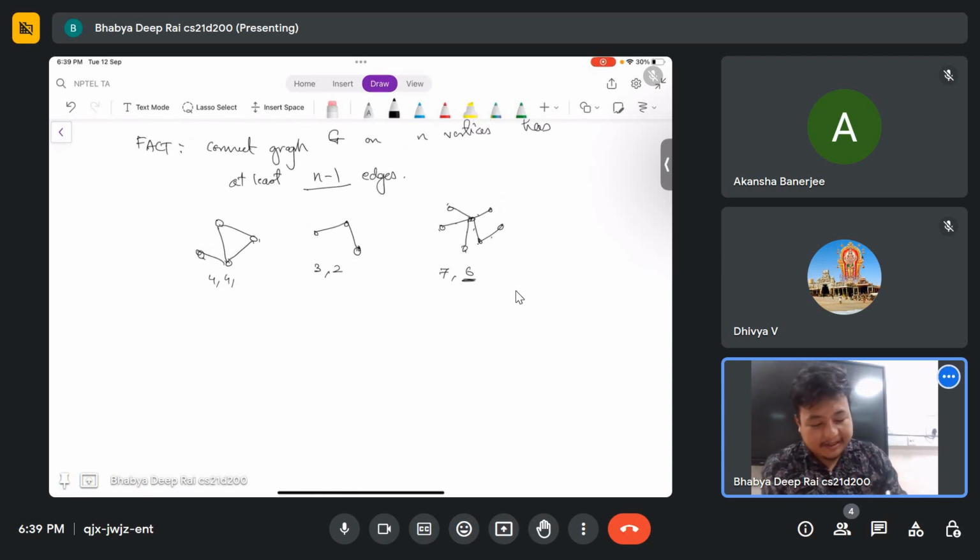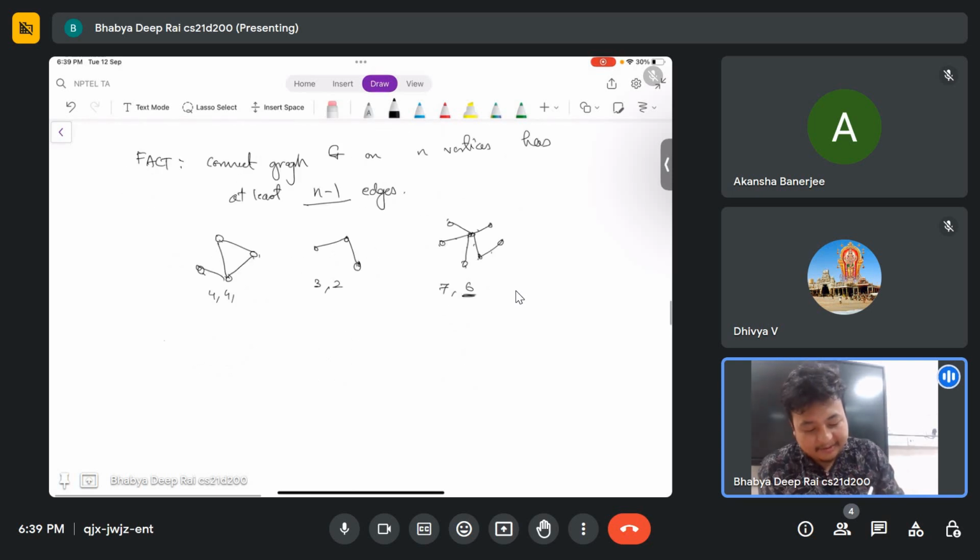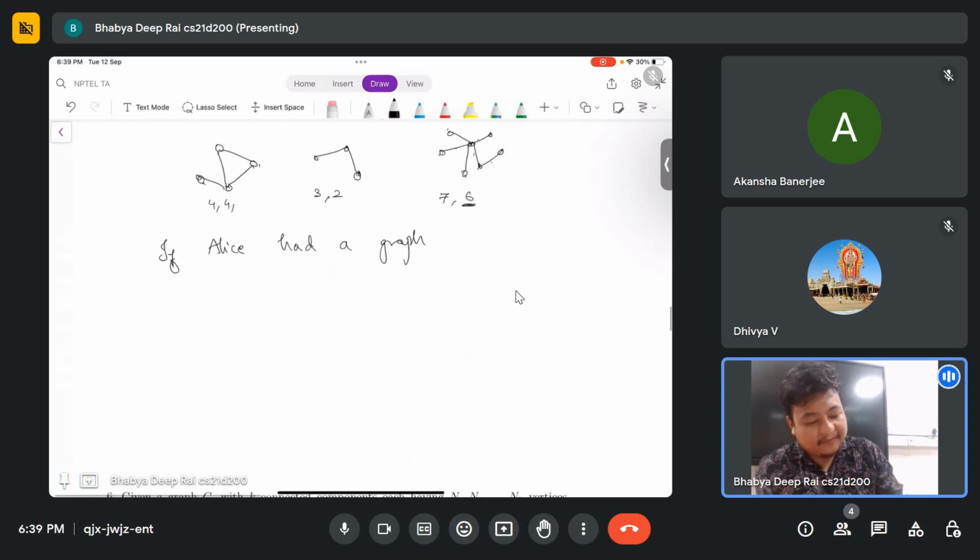And the argument is that if Alice had a graph with 32 vertices, then the number of edges needs to be at least 32 minus 1, which is 31.